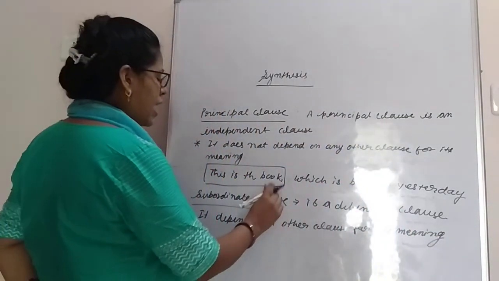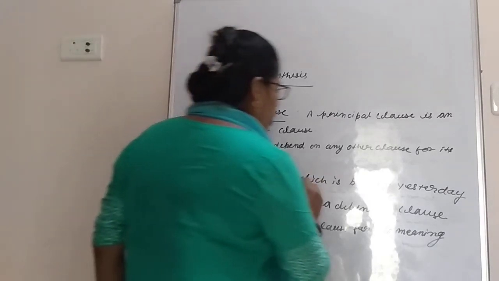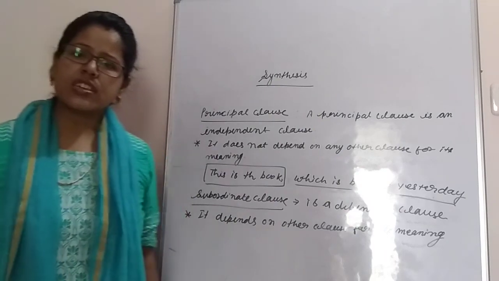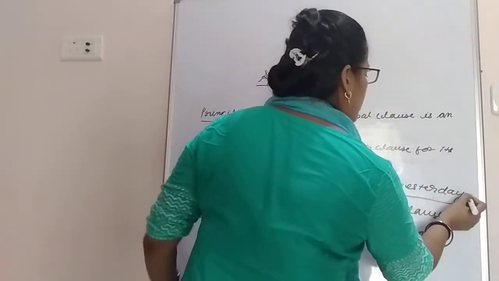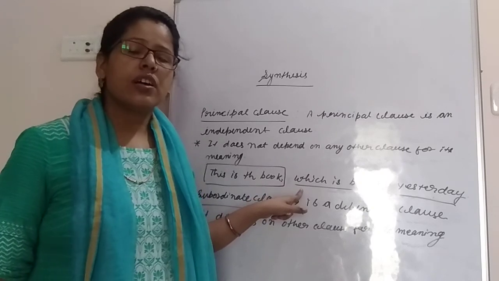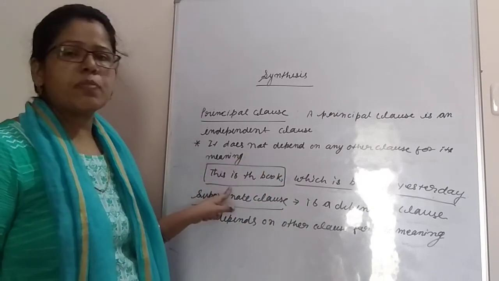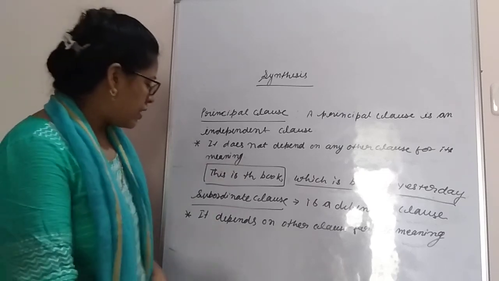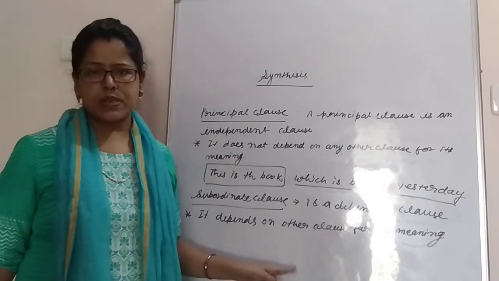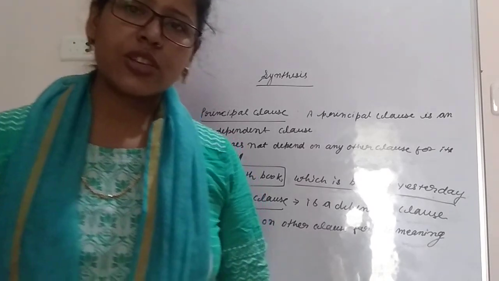Okay, because I have written here which I bought yesterday. Which I bought is not sufficient in itself. In order to know the meaning of this part, the principal clause is mandatory. It totally depends on the principal clause. That is why this clause is known as what? Dependent clause. Okay. Hope everything is clear to you.